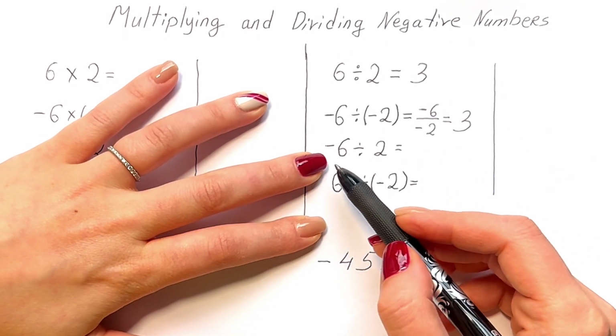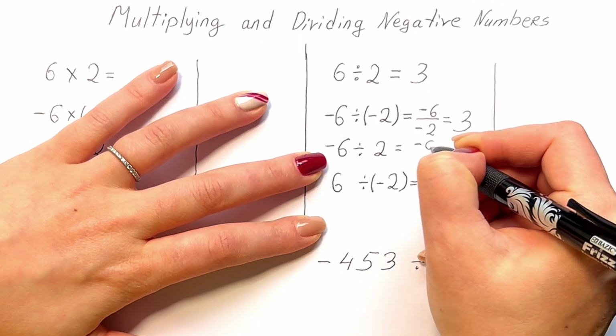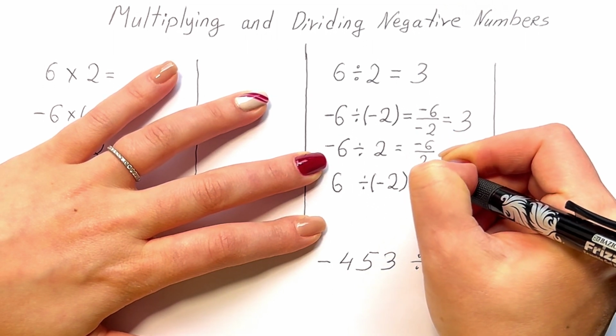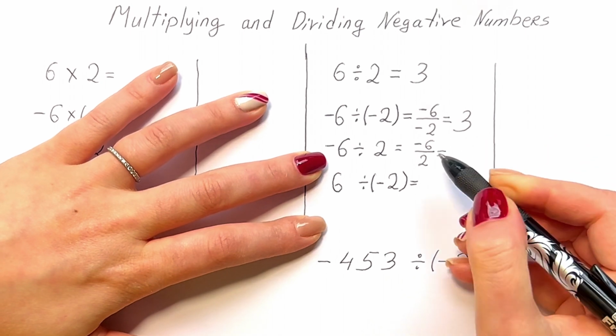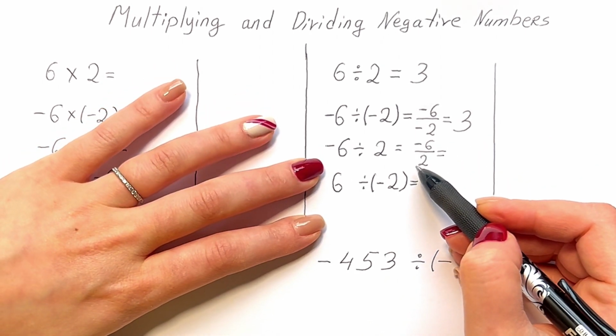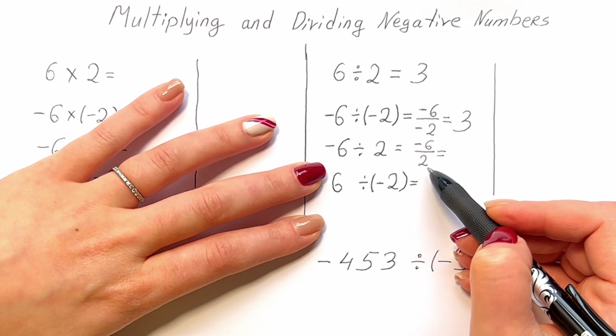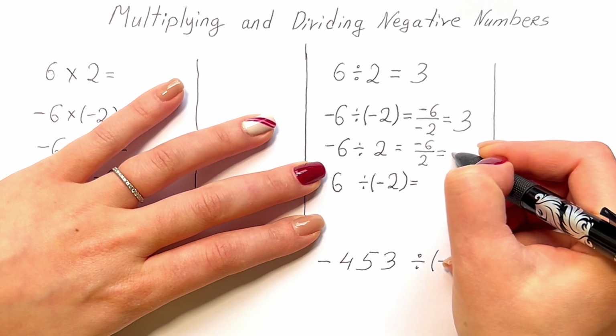What about if we have negative divided by positive? Negative over positive. I have a negative in the numerator, but I do not have a negative in the denominator to be able to simplify and cross them out. So, the negative sign is going to stay there.